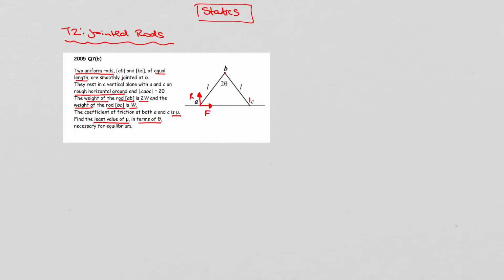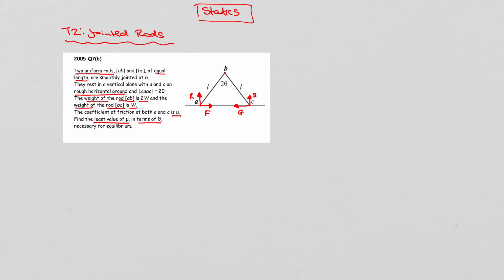We have a reaction force at C, so I'm going to call that S, and if C was to slip, the frictional force would be in the opposite direction, so that would be G. We would expect the rod BC to slip to the right, and we'd expect the rod AB to slip to the left. So again, our frictional forces will be in the opposite direction to resist that motion.